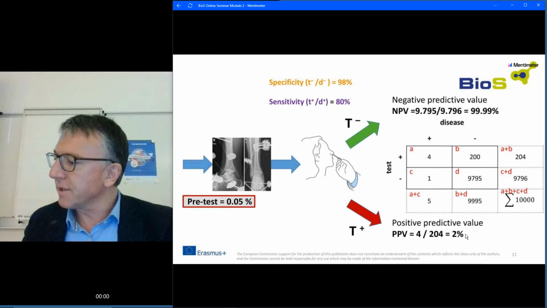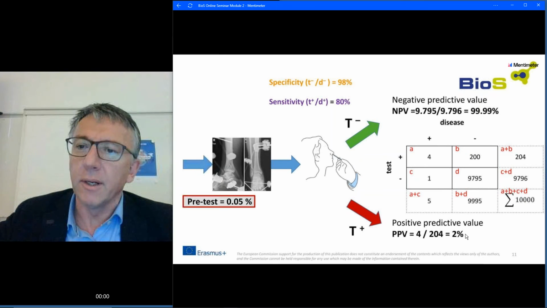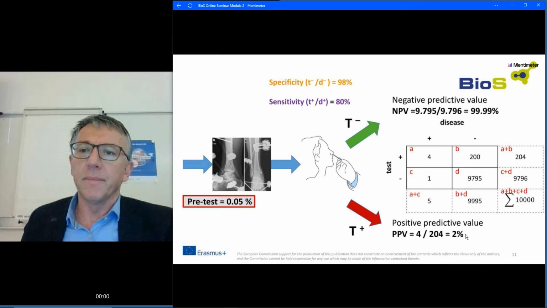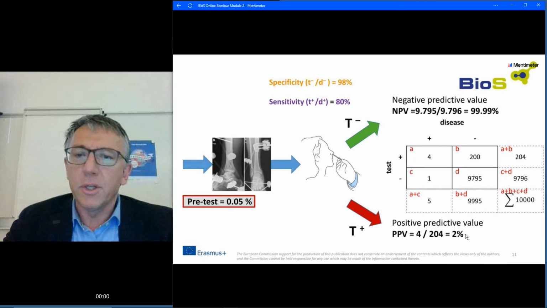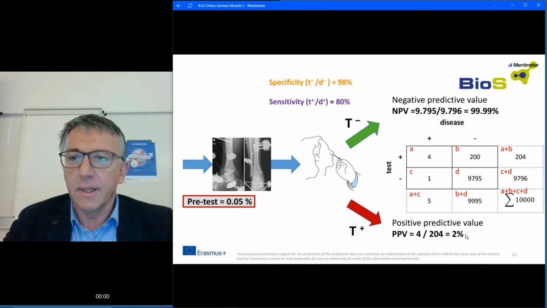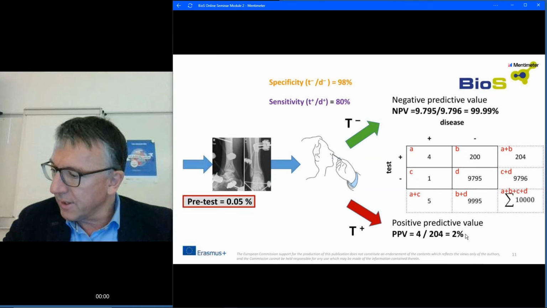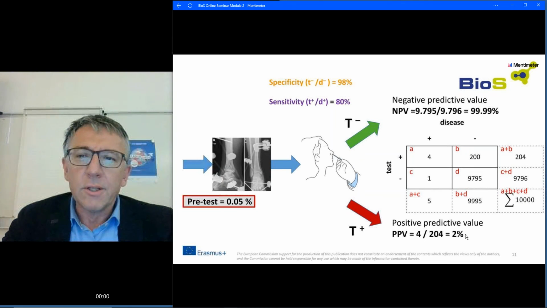I found this quite surprising, and it helped me a lot to interpret the current information that is available about the PCR test results.